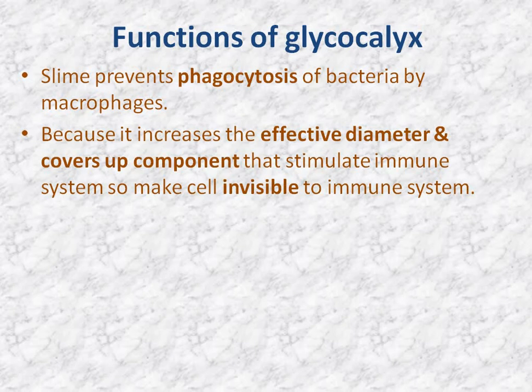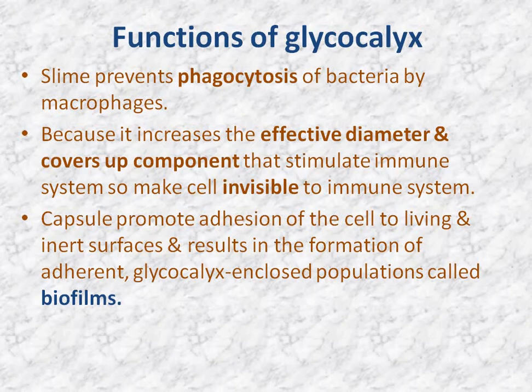Capsular slime also increases the effective diameter of a bacterial cell and makes a covering around the cell, due to which they become invisible to the immune system, and they are also prevented from being phagocytosed by macrophages.